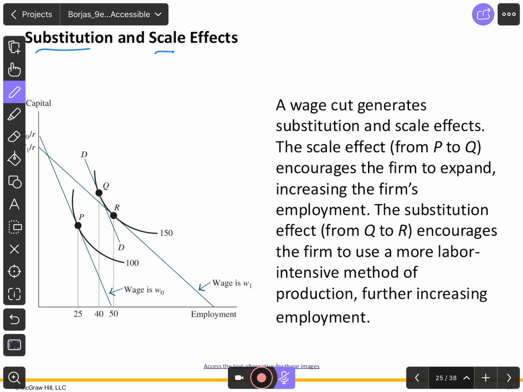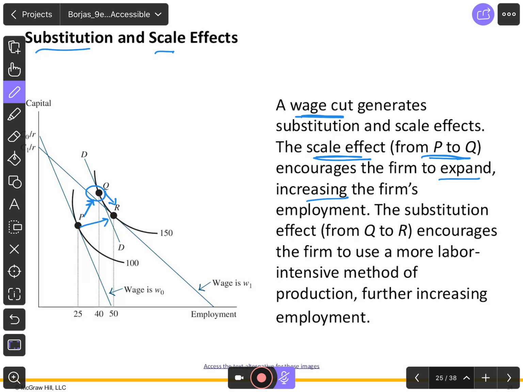We said that we are moving from point P to point R. However, there is an intermediate point that we call point Q. So there is a movement from P to Q and then from Q to R. P to Q is the scale effect, which comes from the fact that the drop in wages encouraged the producer to expand production.